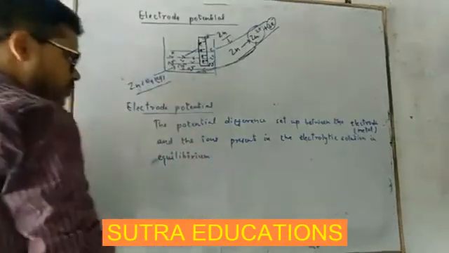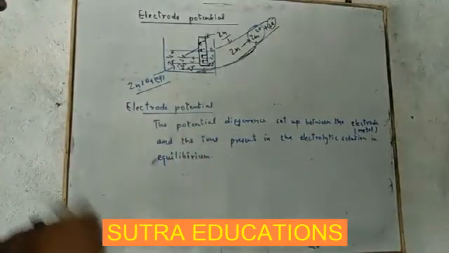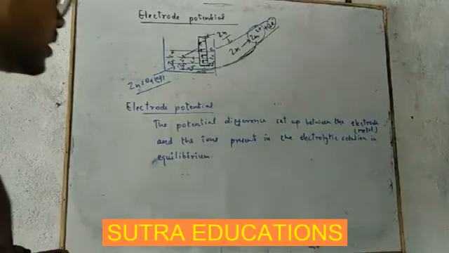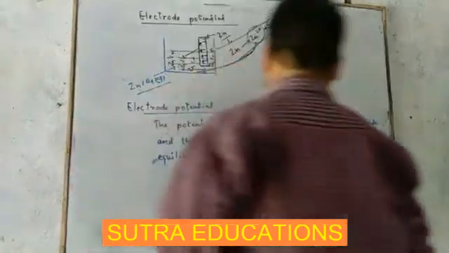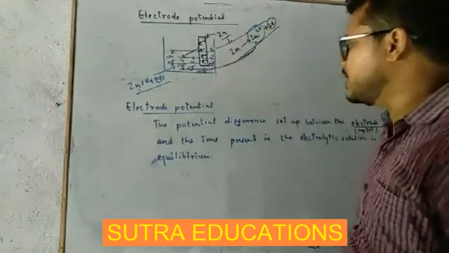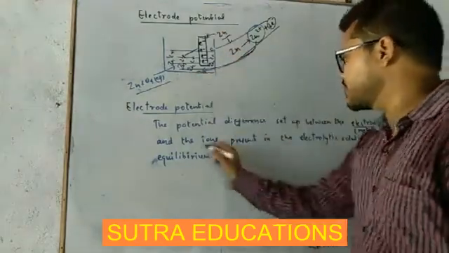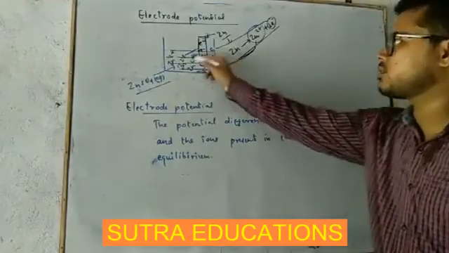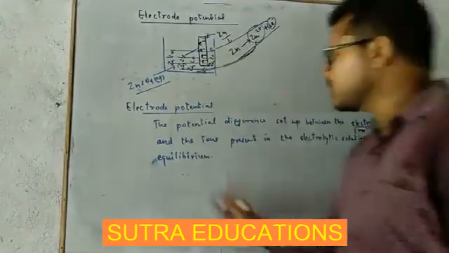Getting this? Very simple. What is electrode potential? Electrode potential is the potential difference set up between the electrode and the ions present in the electrolytic solution in equilibrium.